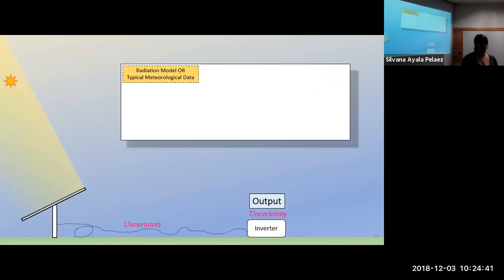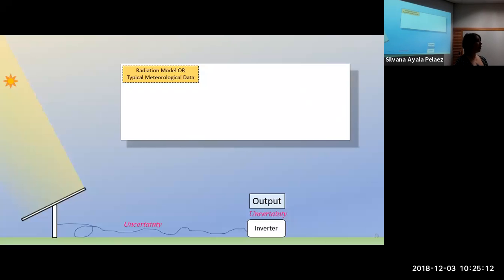Well, let's make a little step here onto a model. When we have a model, this white box, we want to make something that's similar to reality, right? So we have a sun or a radiation model, or we sometimes use typical meteorological data, which is data that has been captured for a long time and then statistically evaluated to represent the weather on the site.